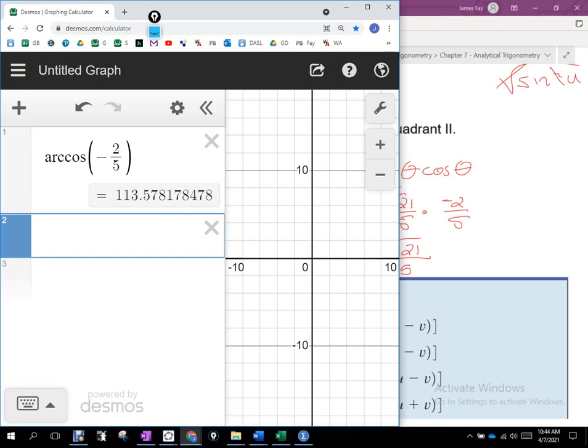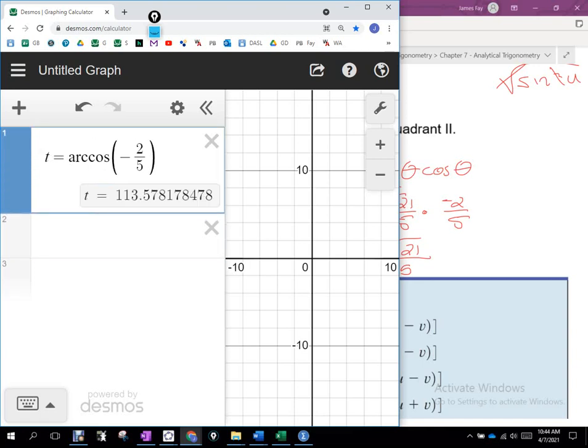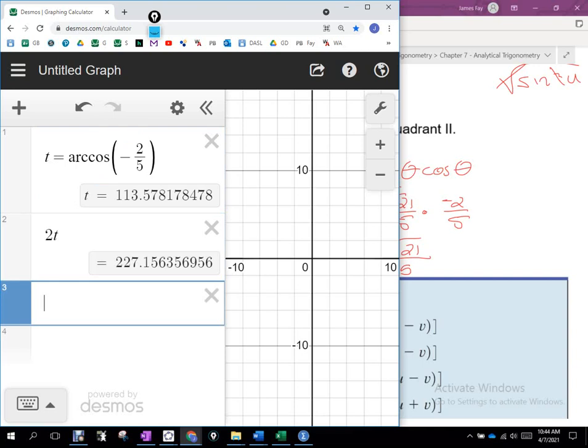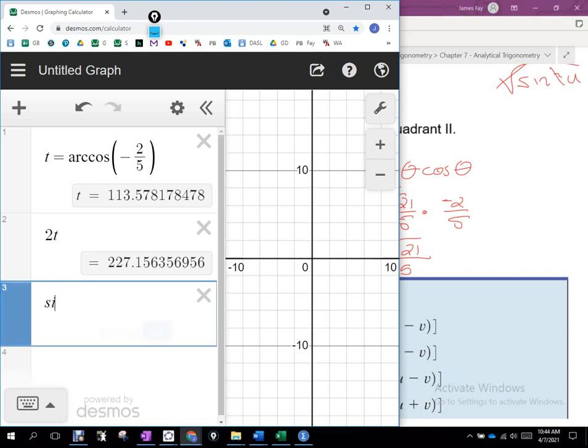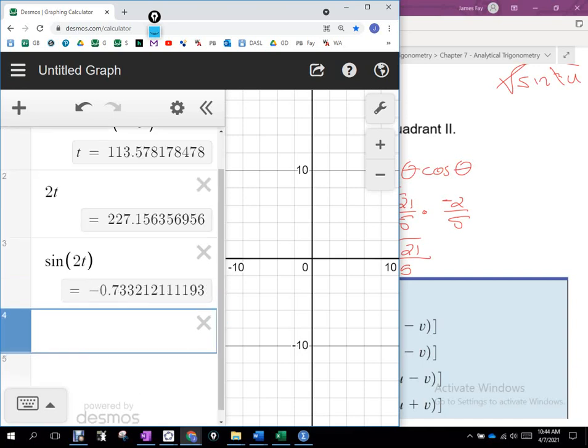So now if they want things about 2 theta, I'm just going to call that T. Just going to get Desmos to multiply that easily for me. That's 2 theta, right? So if I've got the specific angle now that they're talking about for 2 theta, I should be able to say sine of 2t and get that number right there. Does that make sense?